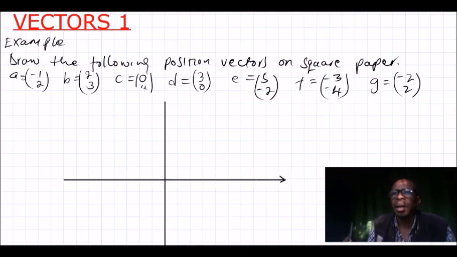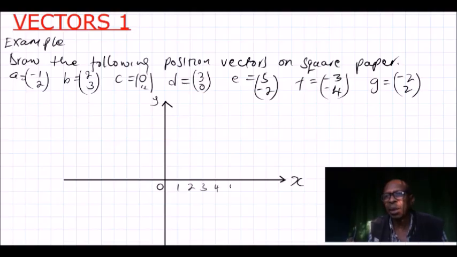That is better like that. So this is our y, this is our x, this is 0. We have 1, 2, 3, 4, 5, 6, 7, 8, and 1, 2, 3, 4, 5, and minus 1, minus 2, minus 3, minus 4, and minus 1, minus 2, minus 3, minus 4, minus 5.